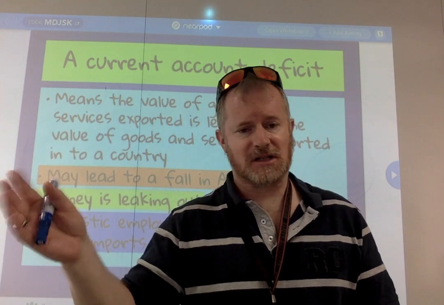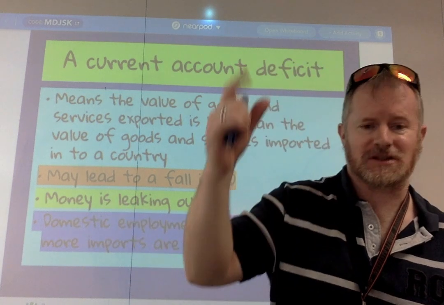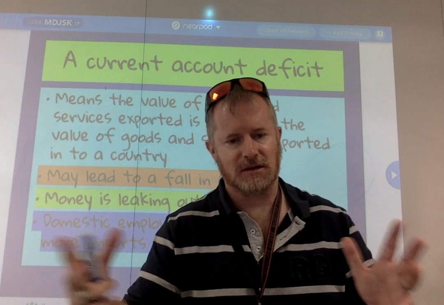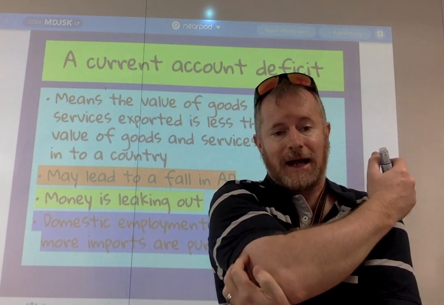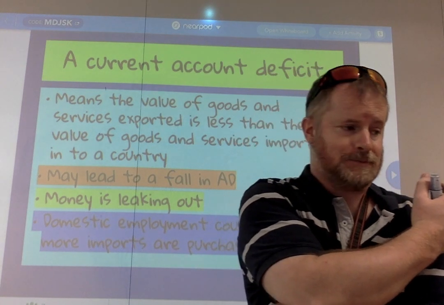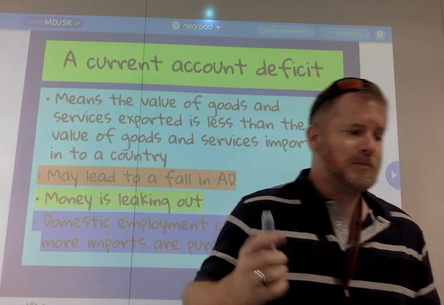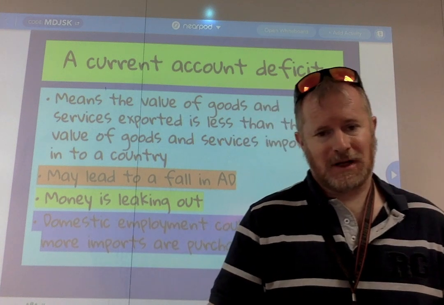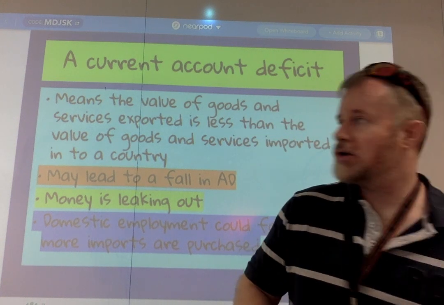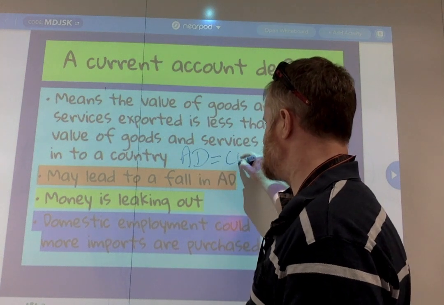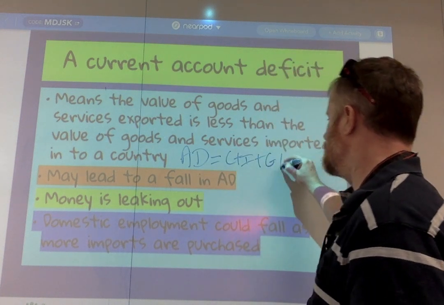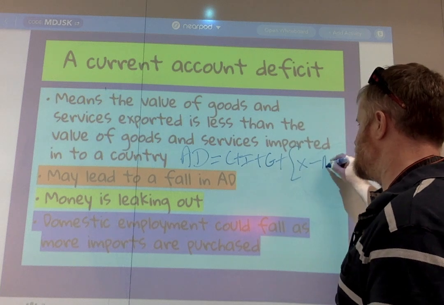Right? The rest of it is just a language game, right? Invisibles, visibles, surpluses, deficits, yeah? Credits, debits. It's just knowing the language and knowing how to use it. So what does it mean if we have a deficit? Well, it could mean, because we referred to aggregate demand, and we remember aggregate demand, C plus I plus G plus X minus M, right?